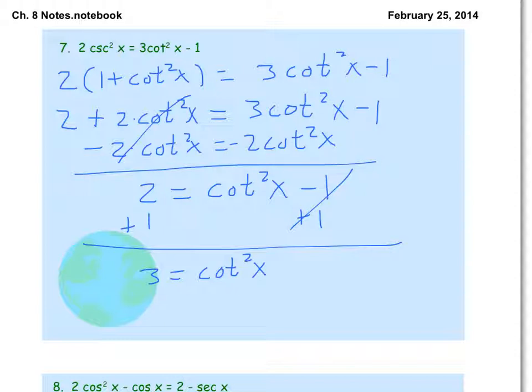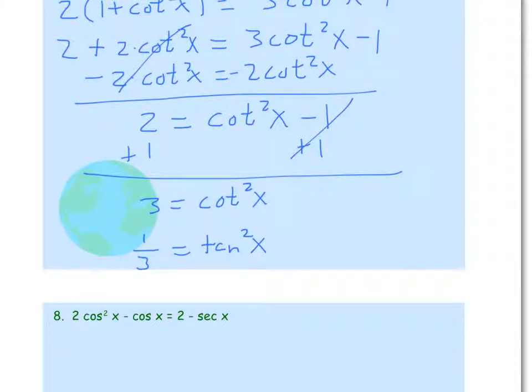Cotangent isn't typically a ratio that I like working with in terms of its inverse. My preference would be to flip the 3 and make it a 1/3, and now deal with tangent. What I've got to do now is take the square root, and what I will have on the left is plus or minus the square root of 1/3 equals tangent of x.